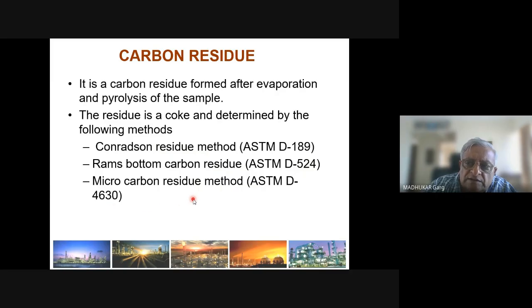So now you have a very small tabletop machine where you open the lid and put in a weighed amount of sample, then close the lid and press the button, and in about half an hour, 45 minutes, it will tell you the carbon residue. That is called microcarbon residue. Generally, the microcarbon residue values are the same as Conradson carbon residue. So that is how we determine the asphaltene content.